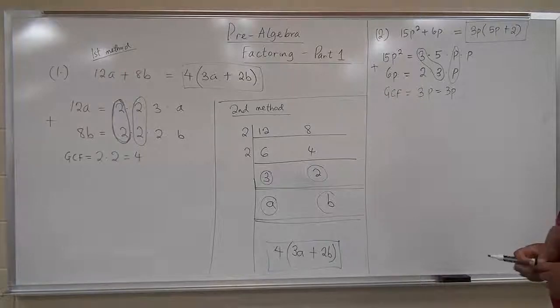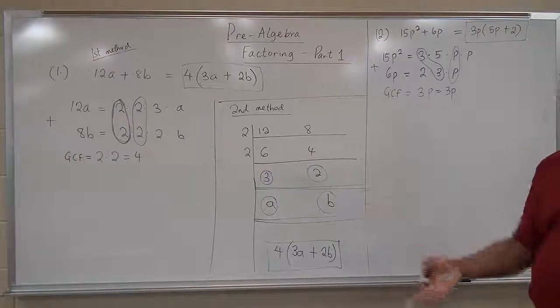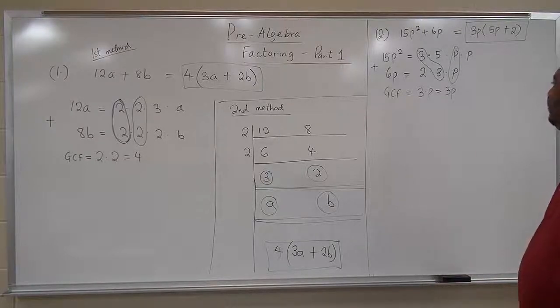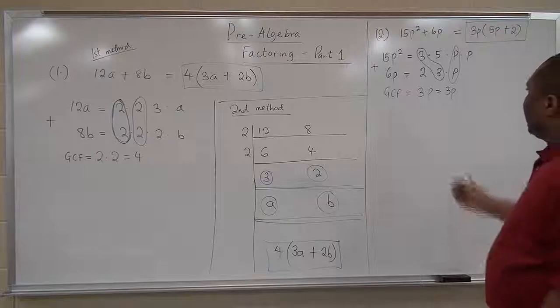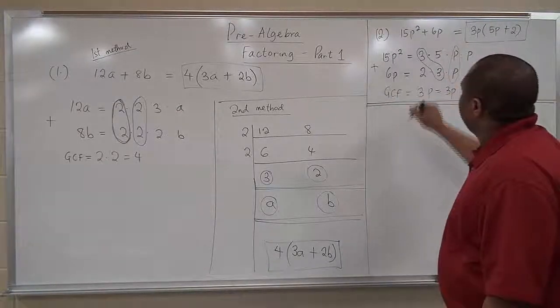That is just how you do it. But with time, I want you to be able to look at it and solve it right away. We can also use the second method for this. If we use the second method, we do our numbers first.